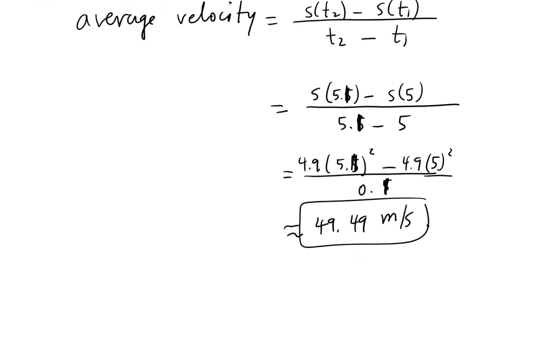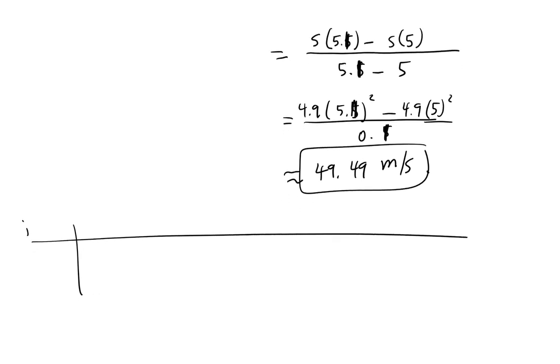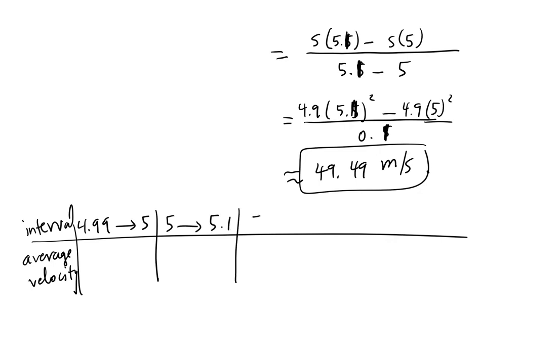If you try to run over different intervals, the first interval I gave you was 5 to 5.1. What if we take different intervals? Here, that will give me the average velocity. The first interval, I'm going to pick 4.99 to 5. Then 5 to 5.1, 5 to 5.6, and 5 to 6.